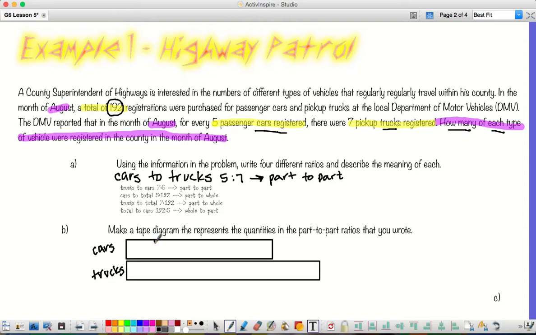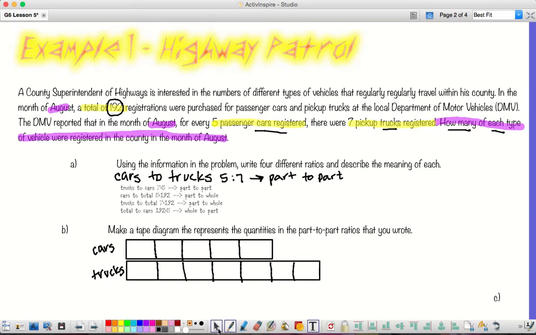So for every 5 cars, so 1, 2, 3, 4, 5, there have to be 7 trucks. So 1, 2, 3, 4, 5, 6, 7. And notice it's not perfect, but now my tape diagram represents the number of cars to trucks.